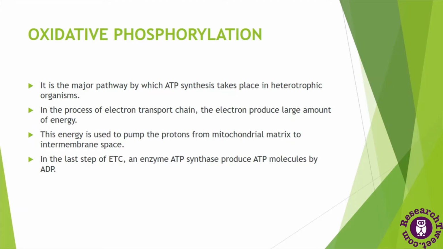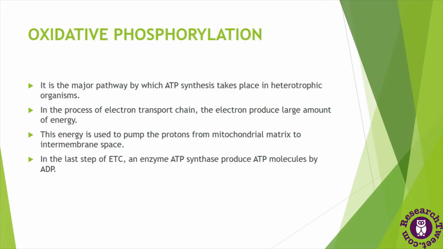The electron transport chain consists of different types of enzyme complexes, named complex 1, complex 2, complex 3, and complex 4. The electrons are used to pump protons from the mitochondrial matrix to the intermembrane space.